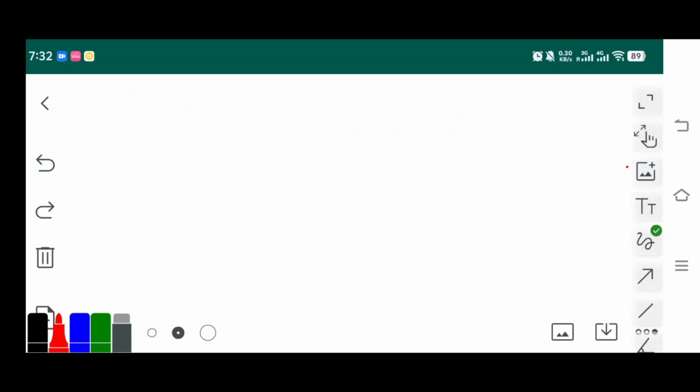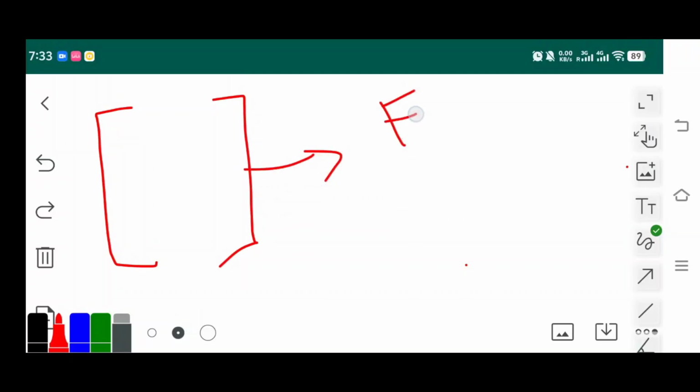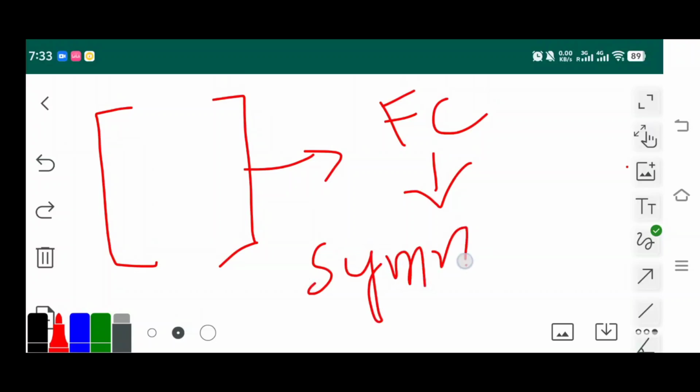Now we will dig into more basics about functional connectivity. In general terms, we all know mathematics, and we can define FC as a matrix. In simple terms, FC is a symmetric matrix.